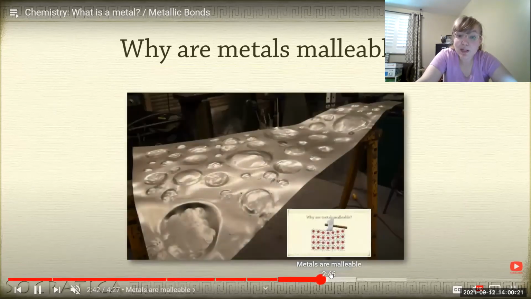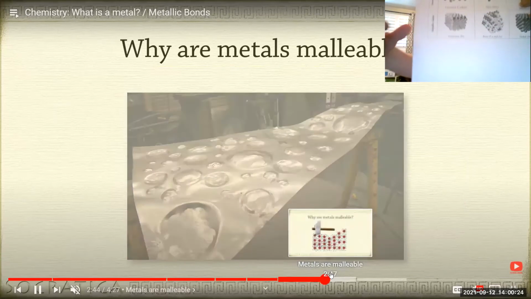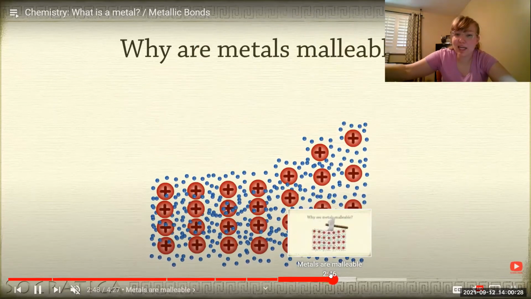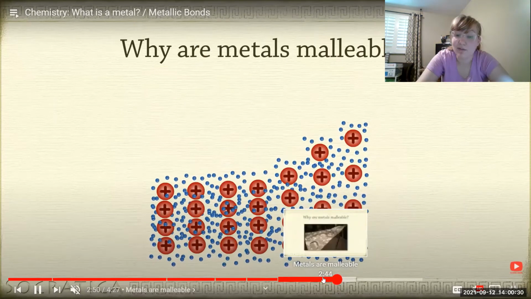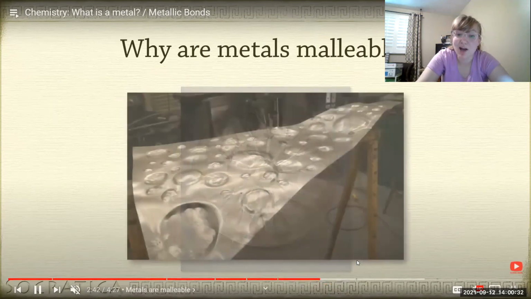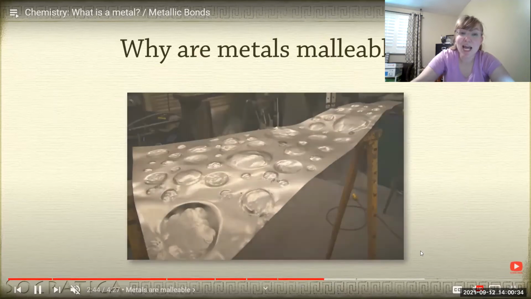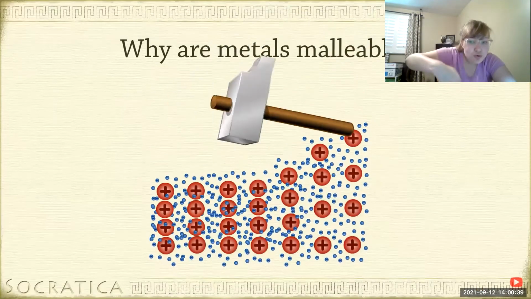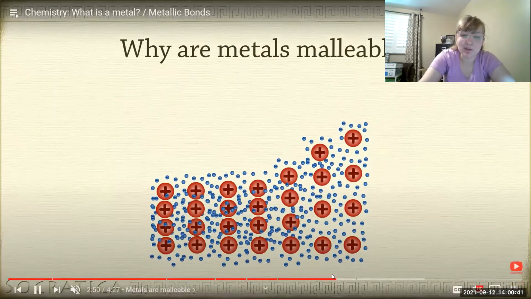But here's the cool thing about the one we're studying right now. Metallic solids, we've got a sea of electrons. See how the hammer just comes in? I love this part. It's literally my favorite part. When the hammer comes in and it's able to smoosh, smoosh, smoosh. One more time. I love it so much.